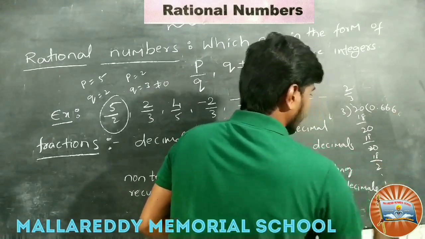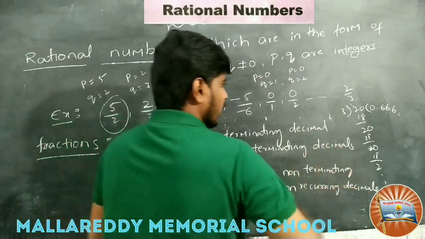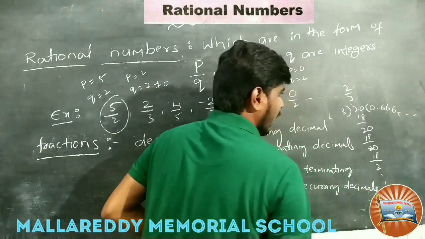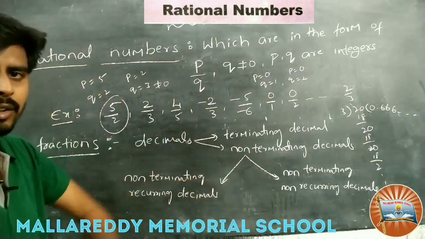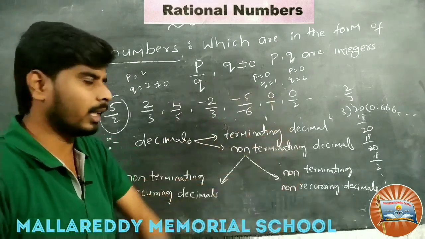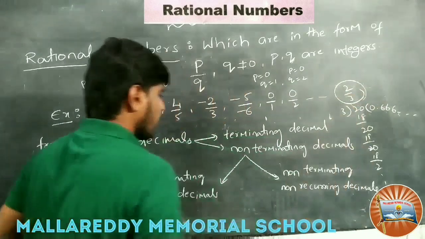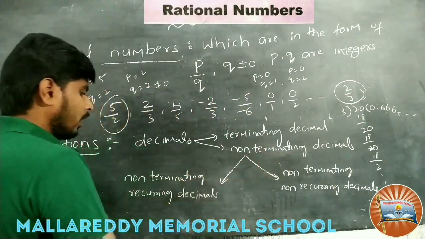It will continue like that only. So it does not end here, and it is repeating here. That is the meaning of recurring. Recurring means repeating. So this 2 by 3 is the example for a non-terminating recurring decimal.